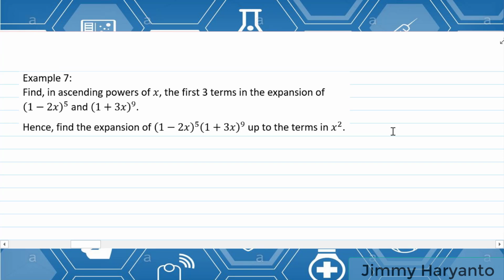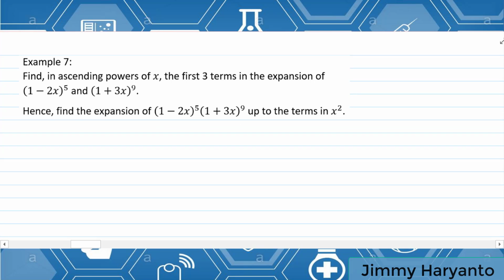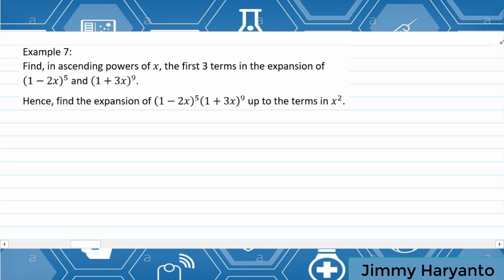Next. Okay, the last example, number 7. Find in ascending powers of x the first three terms in the expansion of this and that one. Okay, the first three terms for both. So the first one is (1 minus 2x) to the power of 5.